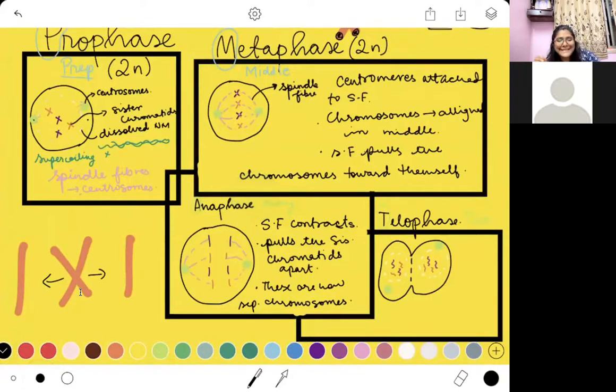Once this takes place, your chromosomes are again going to form a decondensed form. That is, they're going to go away from their chromosomal structure and start to form that DNA fiber. Once that has happened, your nuclear membrane is going to come around your DNA and the process of cytokinesis has begun.